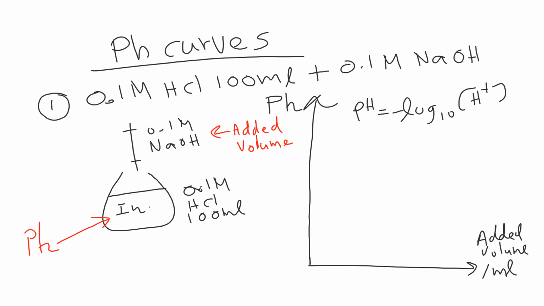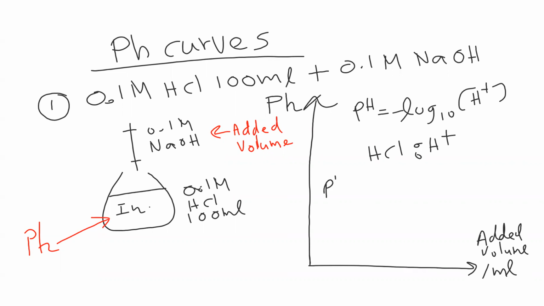So before you add any base to the solution, there is only HCl with 0.1 concentration. In 1 HCl, there is only 1 H plus, so the H plus concentration is the same.